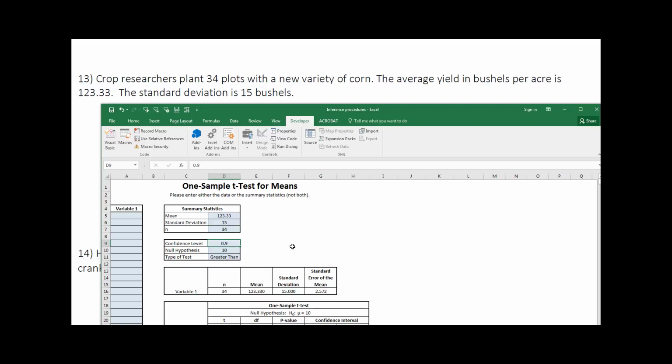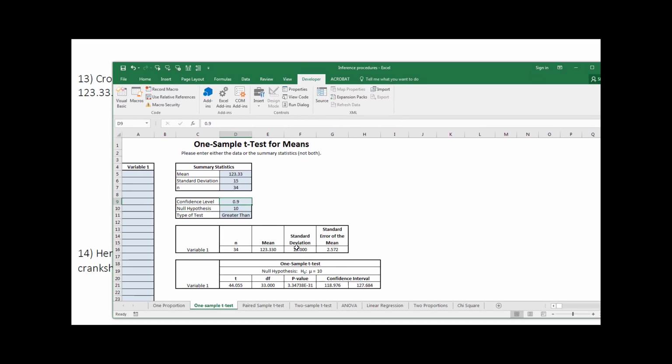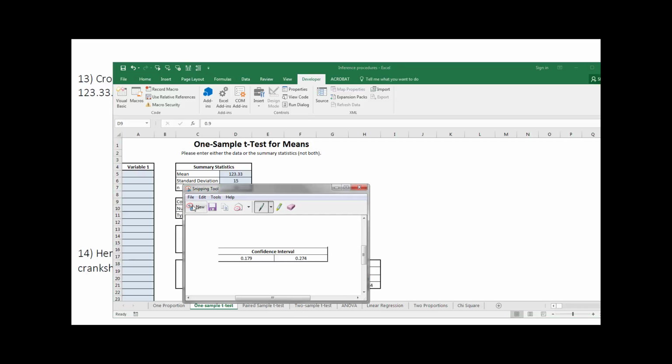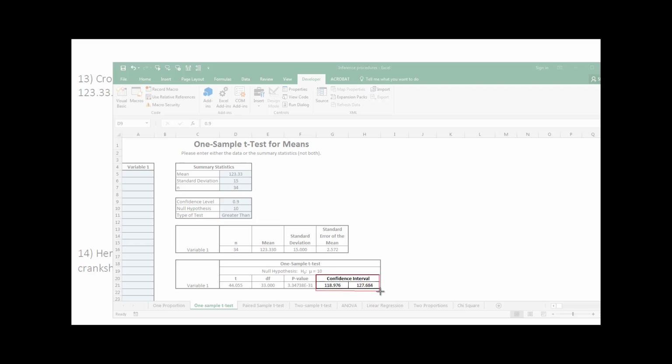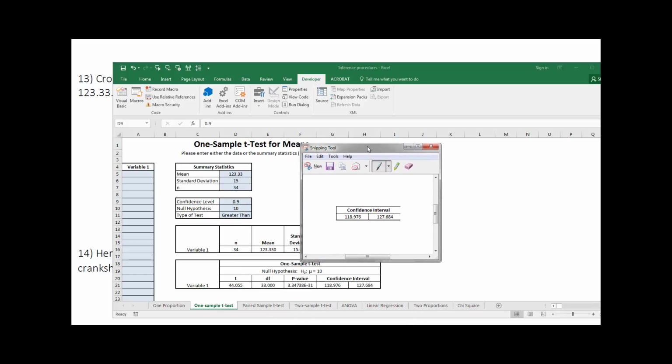Then I need to make sure my confidence level matches, so it is 90%, which just so happens to be what I've got typed in. And right here, these numbers down here, take the picture, those are our confidence level.